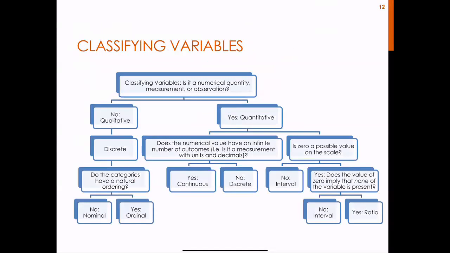Yeah, this is a really good flow chart for classifying the variables. This chart will help you understand the difference between qualitative and quantitative, or discrete and continuous, or nominal, ordinal, interval, and ratio. Here, nominal, ordinal, and these are discrete, continuous, and interval, and ratio.